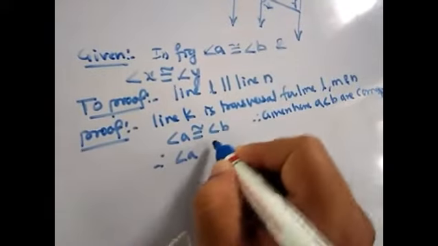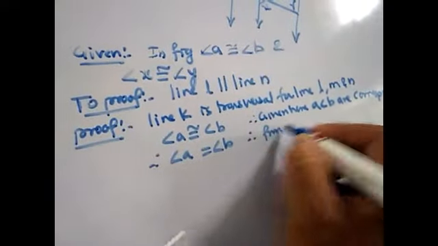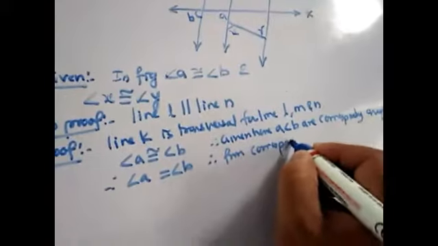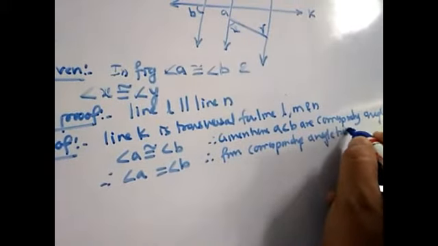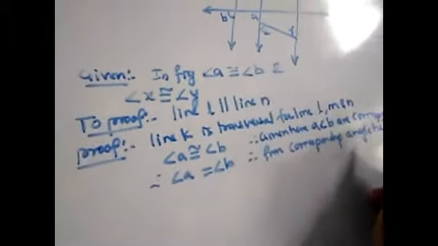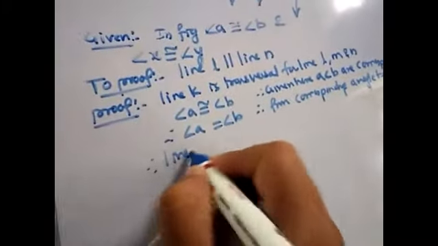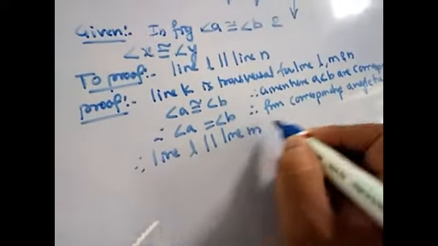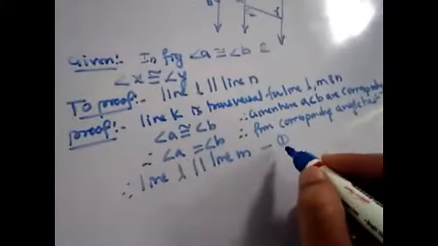Therefore angle A is equal to angle B, that is from corresponding angle test. So therefore line L is parallel to line M. Equation number 1.